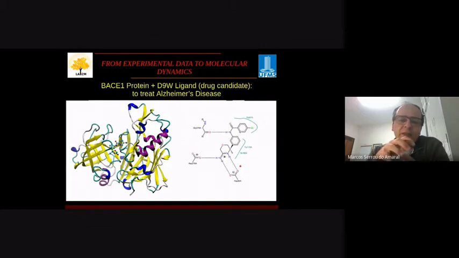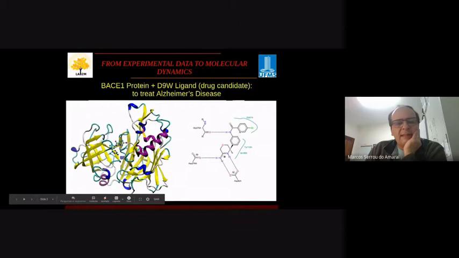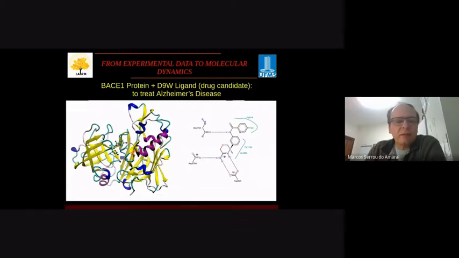With that information, you can get what you see on the screen. Here is the whole protein with the secondary structures, and here in the middle is the ligand.